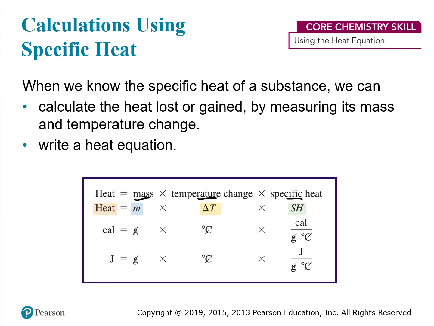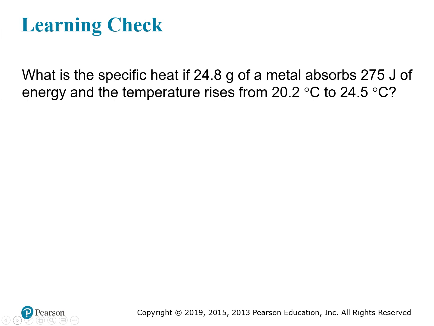And you can rearrange this equation if you need to solve for specific heat or something like that. Or you can solve for the temperature change, all of that goodness. Remember that specific heat can be in calories per gram degree Celsius or joules per gram degree Celsius. Same thing, it's just different units. Let's try a problem.